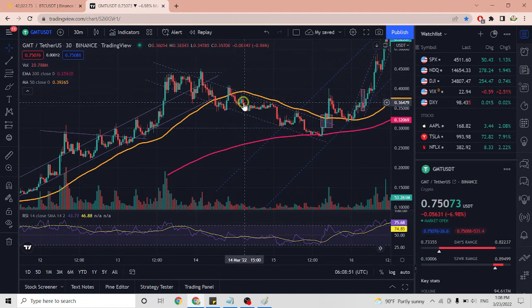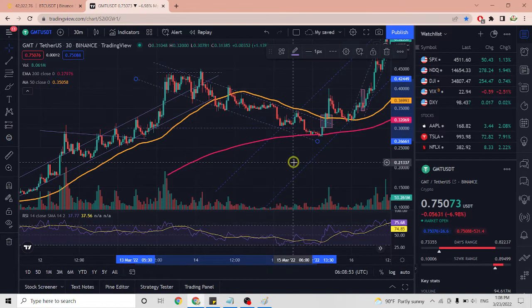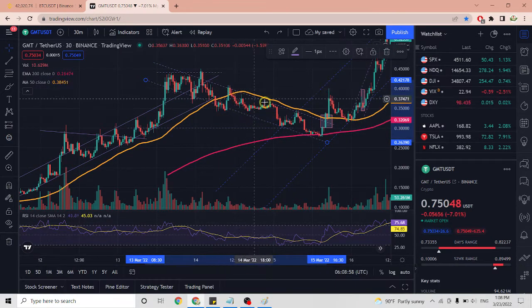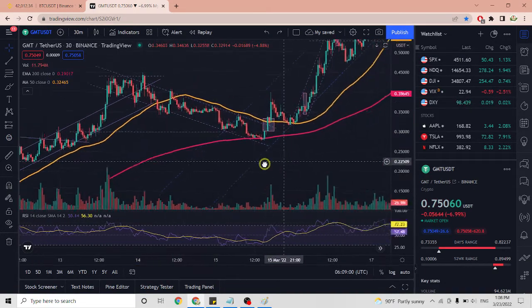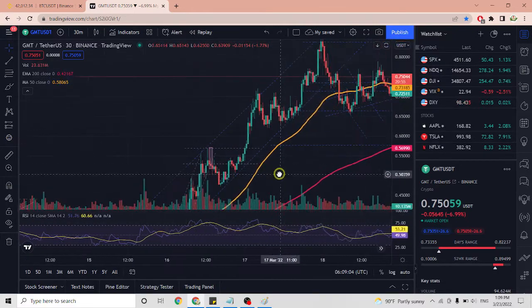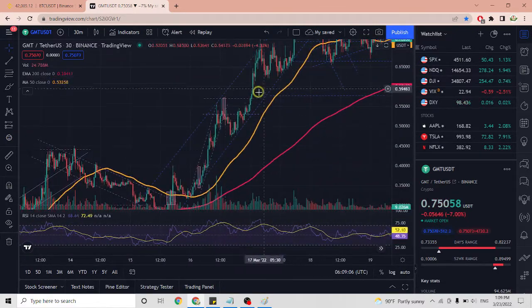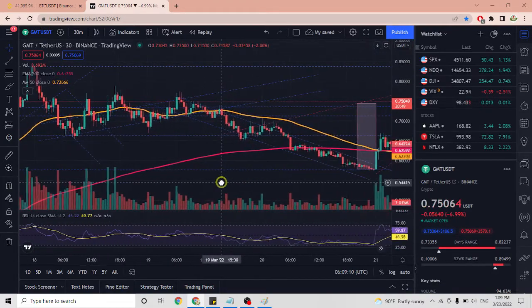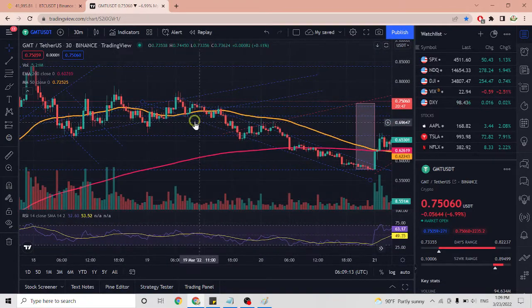That's resistance. So this is a twin line in downtrend. This is also twin line up. Okay, this is twin line. See here, that's twin line.